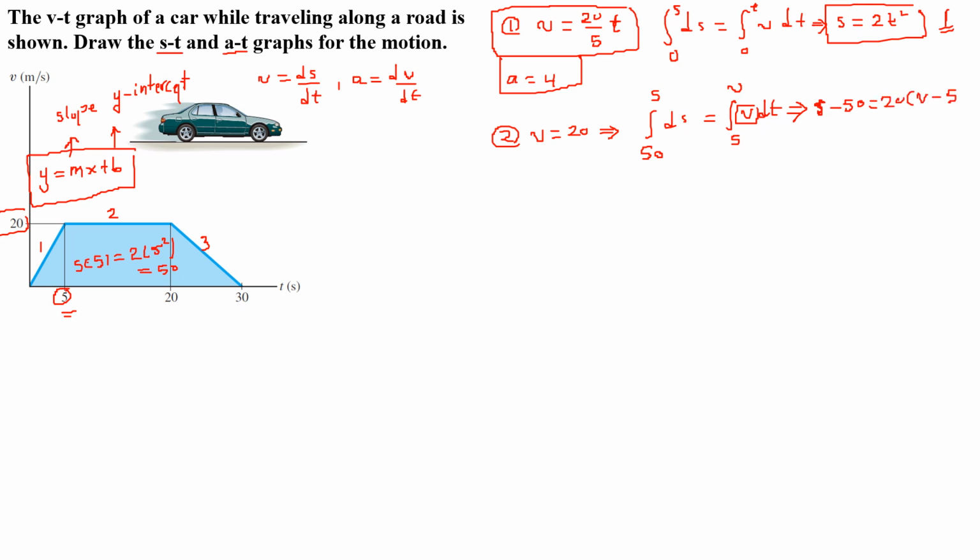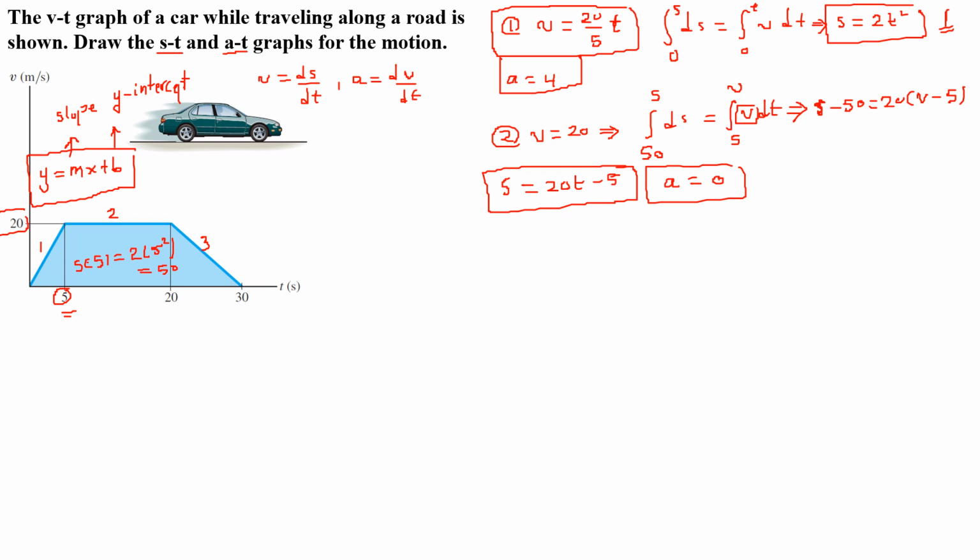Just rearranging this equation, you will solve for S, and S will be 20t minus 50. So that's the position for the second segment. Immediately we can find A as well from the V equation. A will be 0 because V is constant.